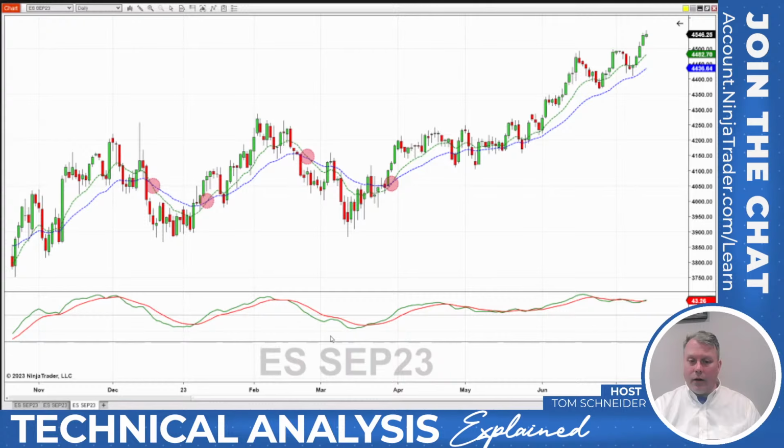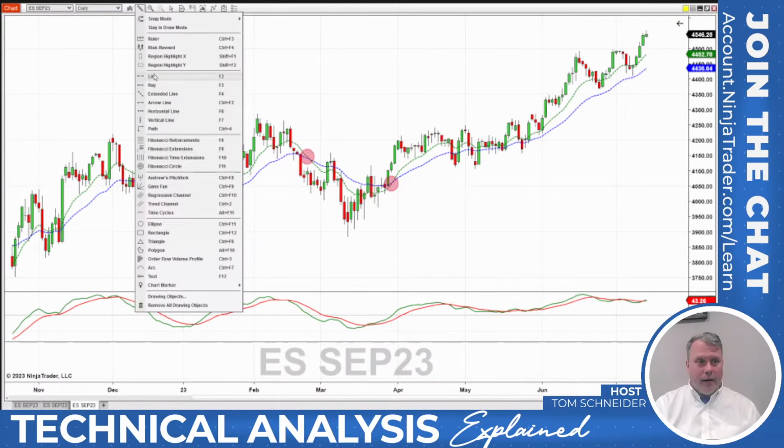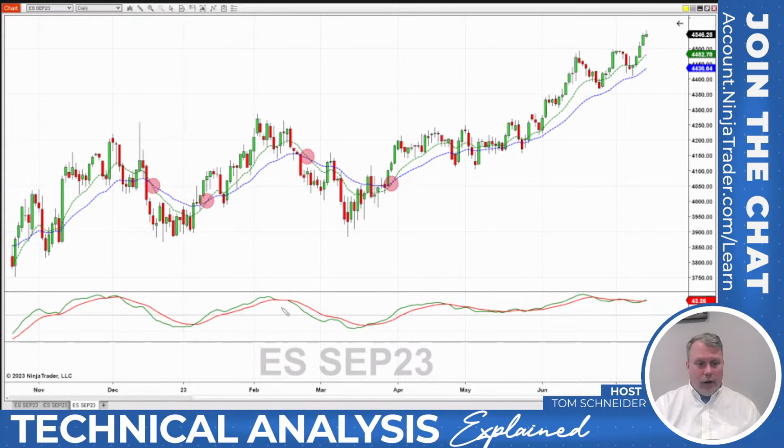So let's talk about this. I'm going to highlight using those ellipses that I used before, here on this chart. We're just going to copy that a bunch of times, more times, because there are more crosses. Cross here, and here's a cross here.